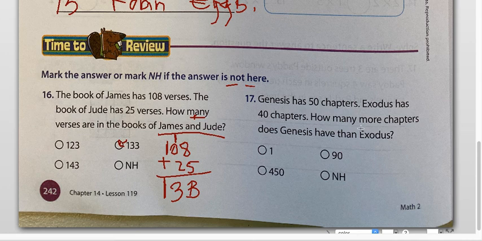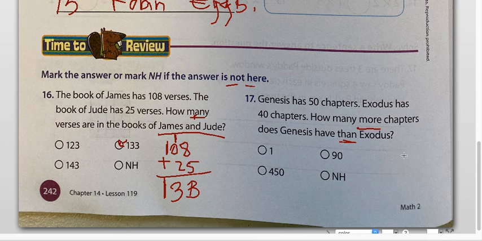It says here, how many more chapters does Genesis have than Exodus? So let's look at the more than, and then the word than, more than. What will be our equation? Is it addition, subtraction, multiplication? Subtraction. Very good.